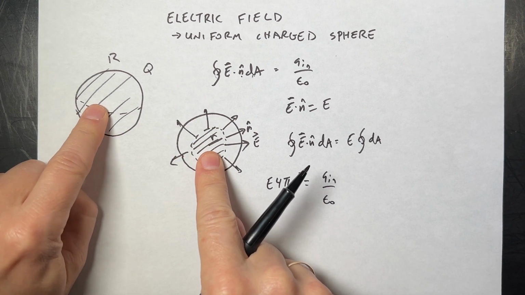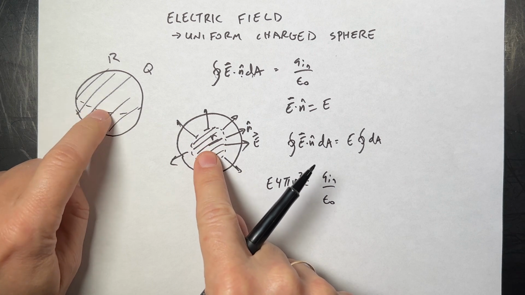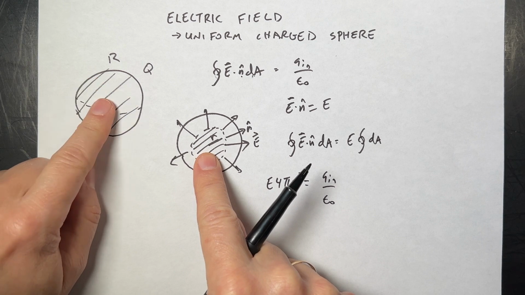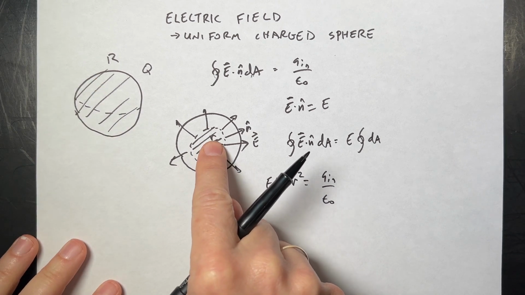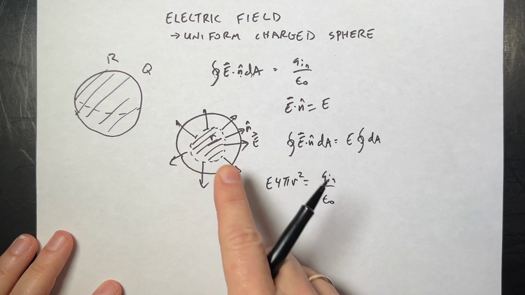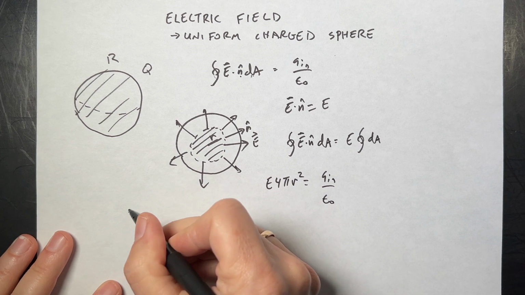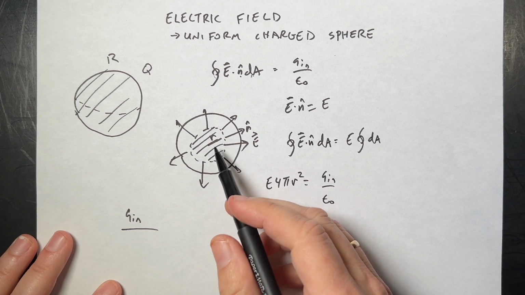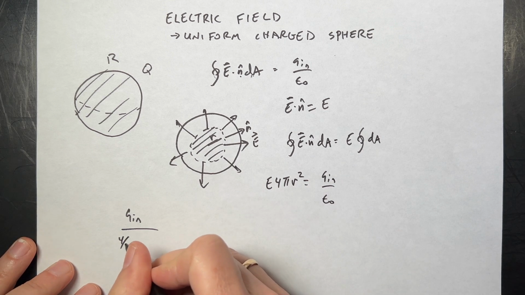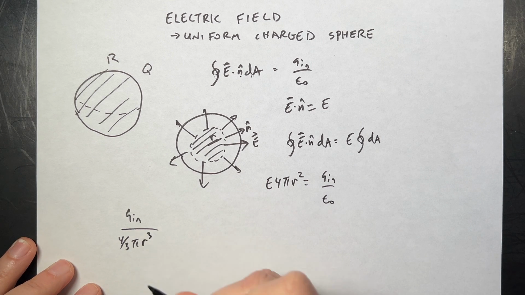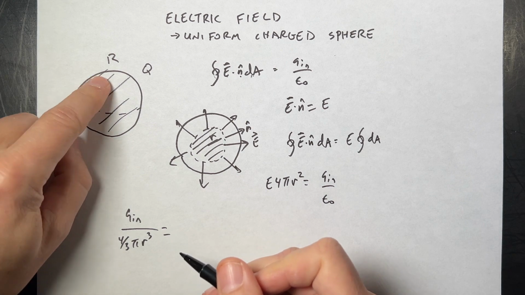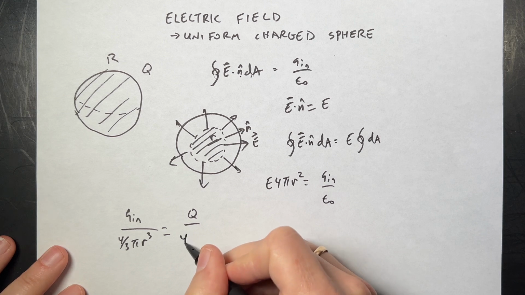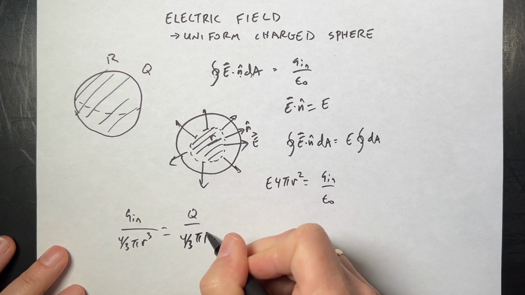If I assume it's uniform charge density, then the ratio of charge to volume here and the ratio of charge to volume of the big sphere have to be the same. So I can say Qn over the volume of this sphere, 4/3 pi r cubed, has to be equal to this charge Q divided by its volume, 4/3 pi capital R cubed.